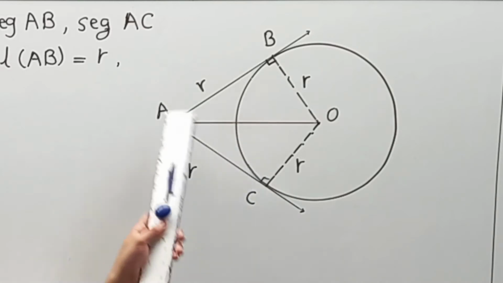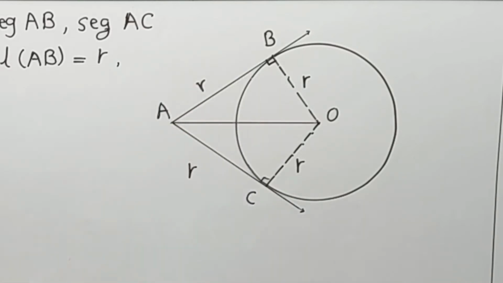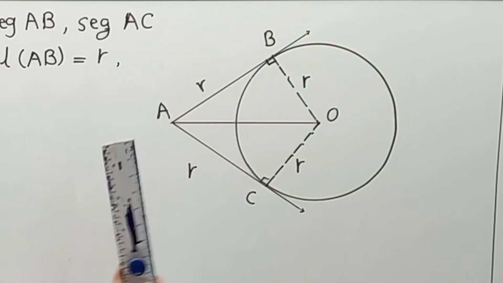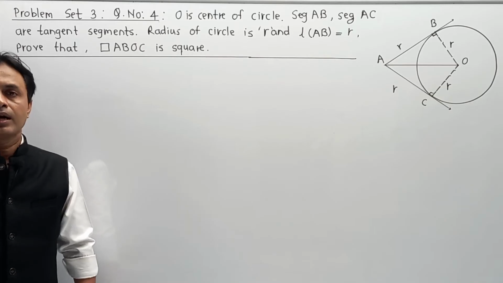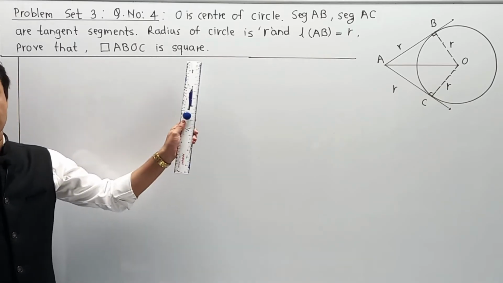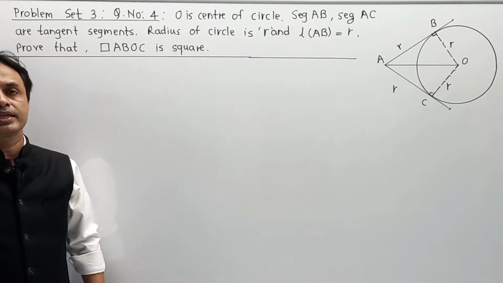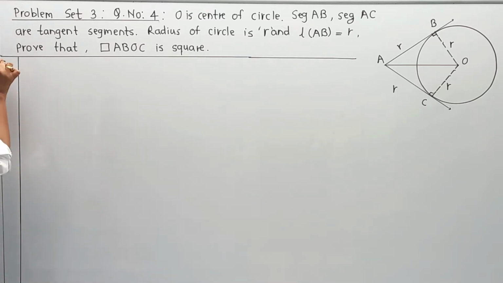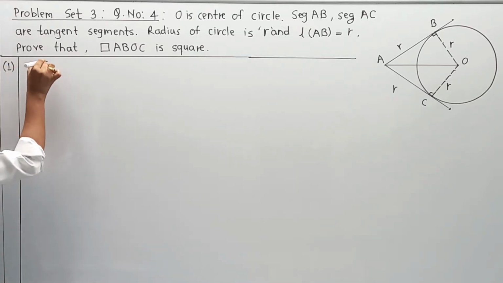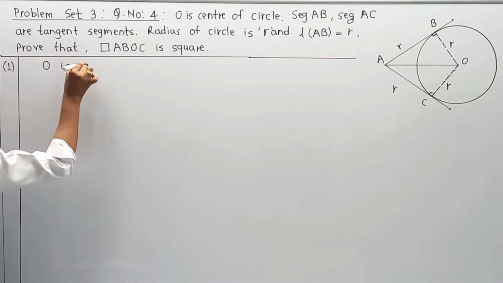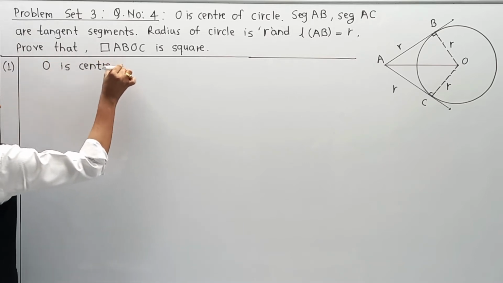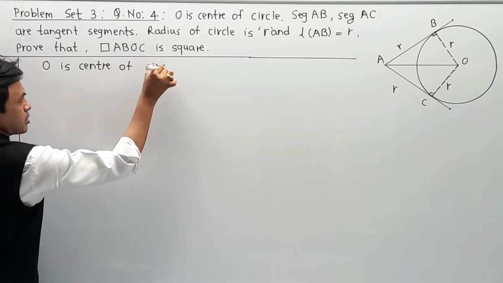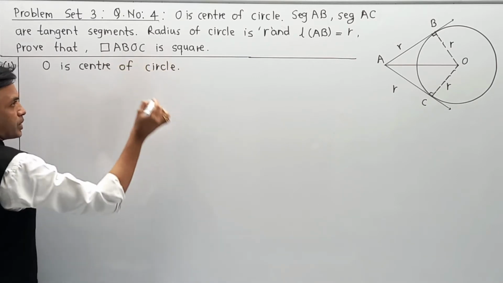First of all, whatever modification I have done in the diagram, I am going to write as an explanation, and then we come to the final proof. Now one by one we are going to write all the parts, starting from O is the center of a circle. So the part is: O is the center of the circle. No doubt it is given.